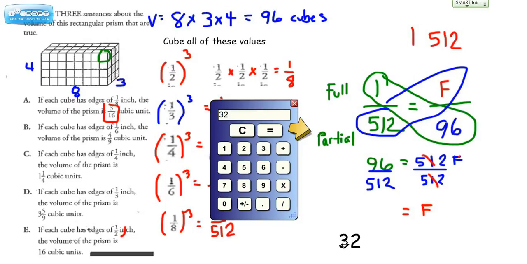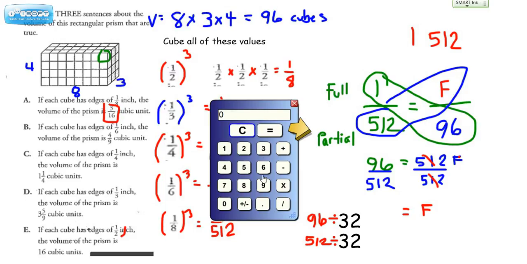We're speculating that might be the GCF of 96 and 512. So we're going to try to divide both of these values by that to see if we get this.